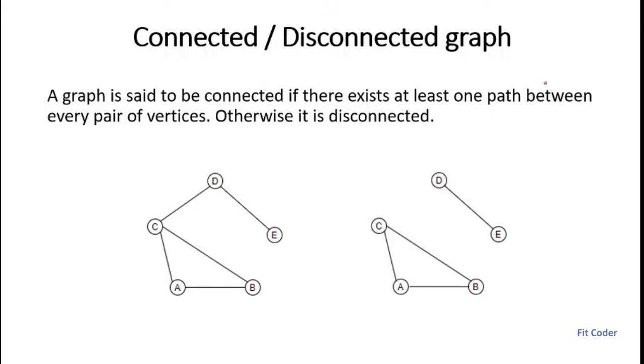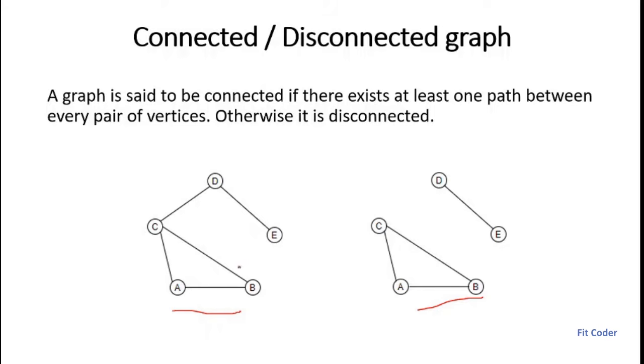We have the connected and disconnected graph. A graph is said to be connected if there exists at least one path between every pair of vertices. If we take the first example, let's say you want to reach point E. Node E can be reached from D, D can be reached from C, C can be reached from A or B, and B can be reached from A or C. So there exists a path between each pair of vertices.